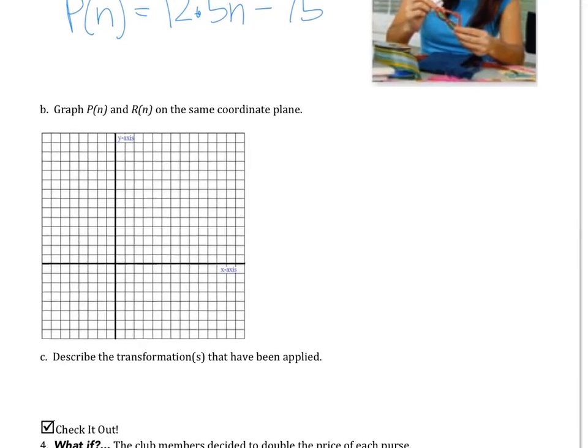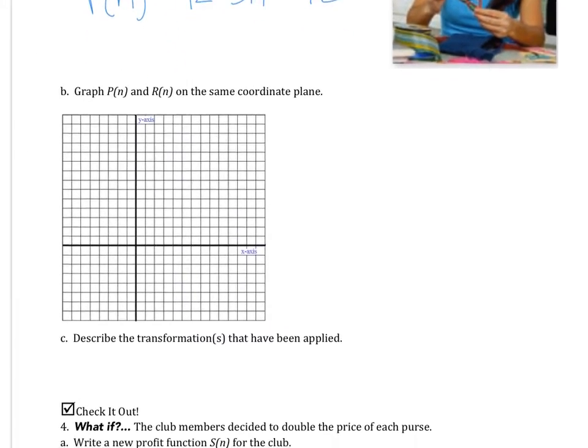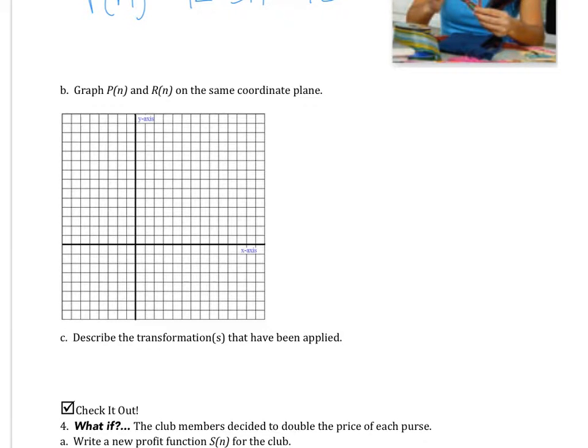Graphing the two functions, I'm not going to worry so much about graphing these functions, but if you do it, for the first function you just plot some points.